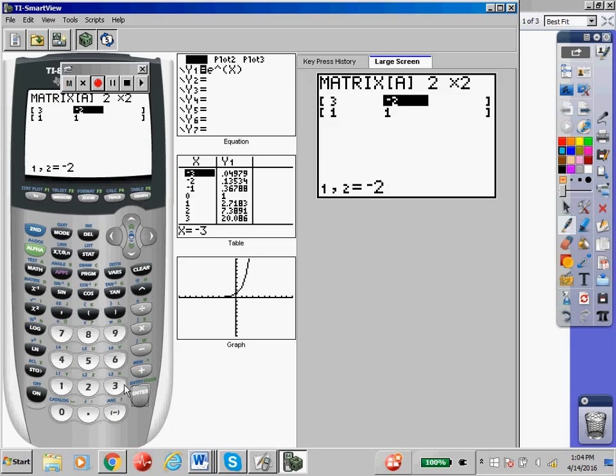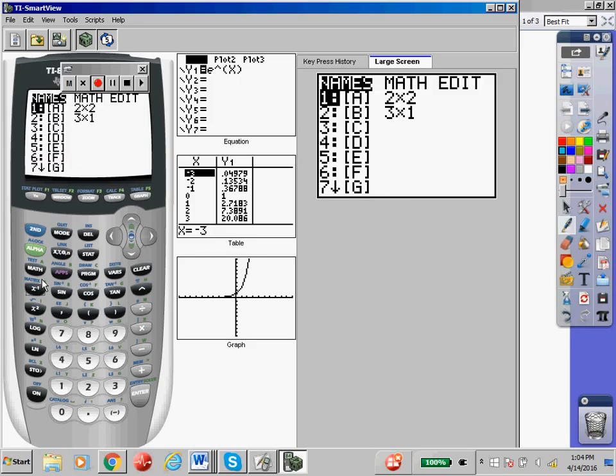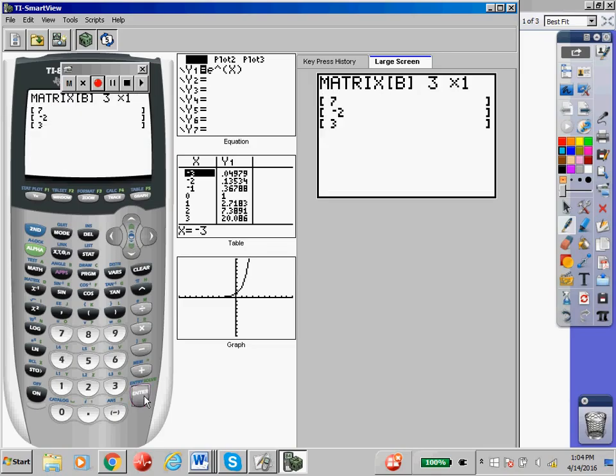So this will be 3, 2, 9, negative 8. And you press enter to keep moving through. Then second matrix, arrow to edit, down to B, press enter. It's a 2 by 1. 48, negative 24.